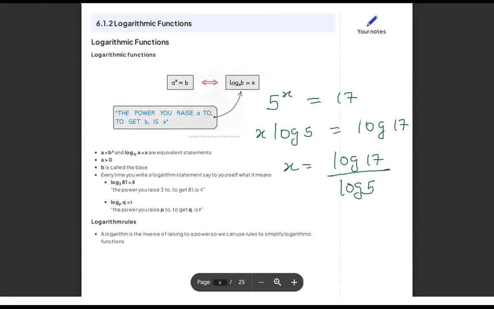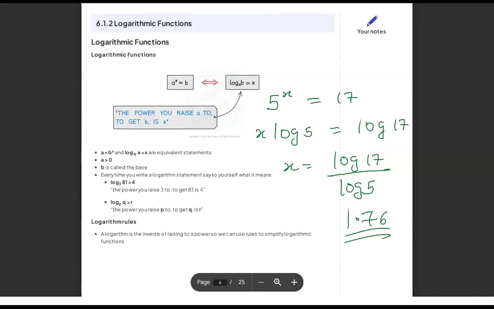Then the answer is 1.758. Yeah, 1.76. That's it.